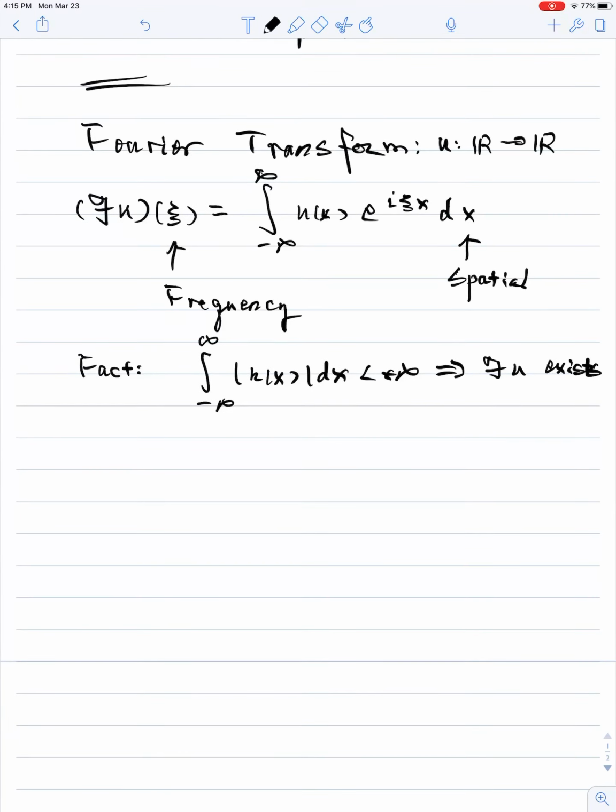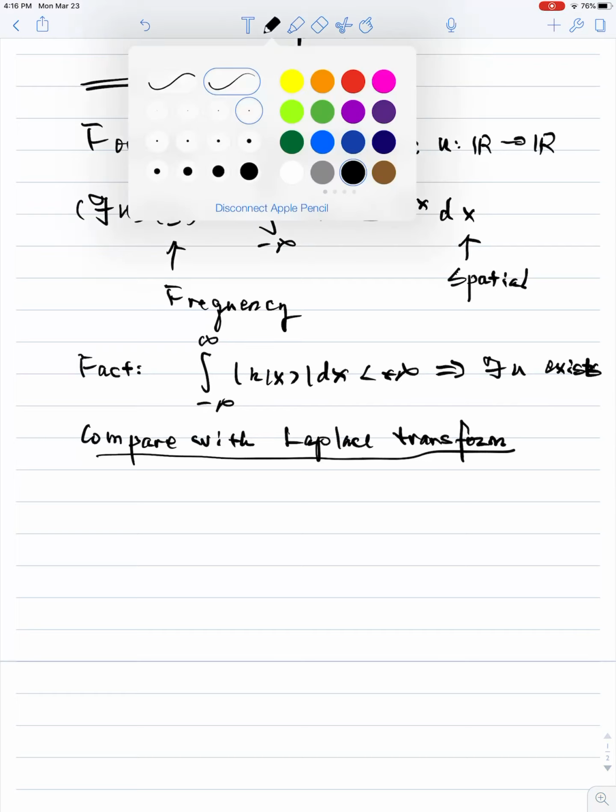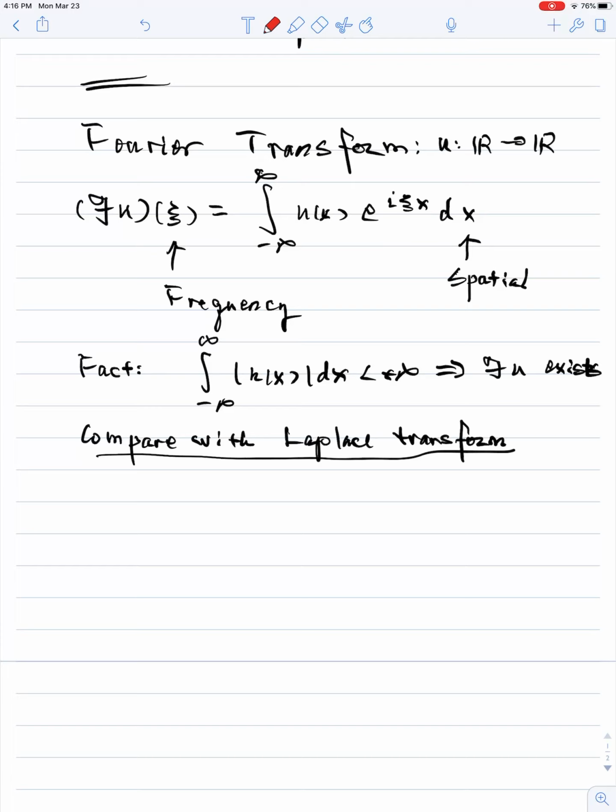Now let's compare this with what we learned before, the Laplace transform. For the Laplace transform, let me use a different color. We apply it to a u, which is a real value function defined from 0 to infinity.